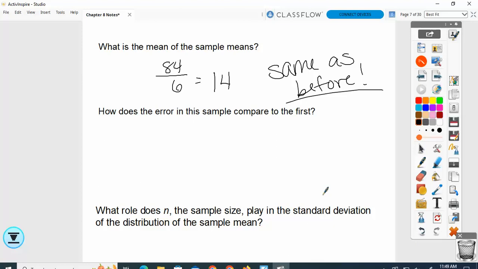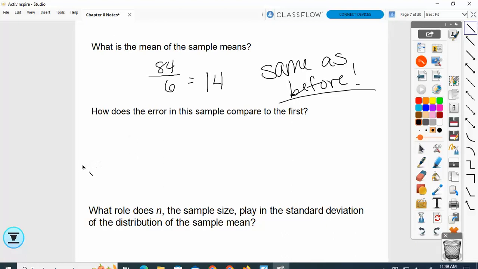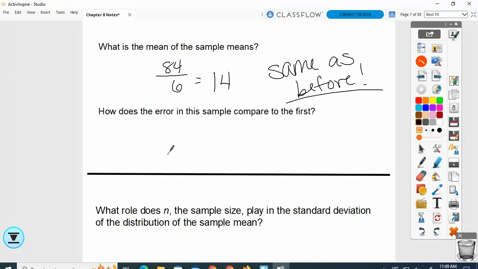Okay, let's talk about the error in these. So error, that's kind of like standard deviation, except I don't really want to calculate it for all of those. Let's just look at how spread out our data is. I'm going to do a very informal thing here. I'm just going to look at a graph. So I'm going to plot my means here for each group.